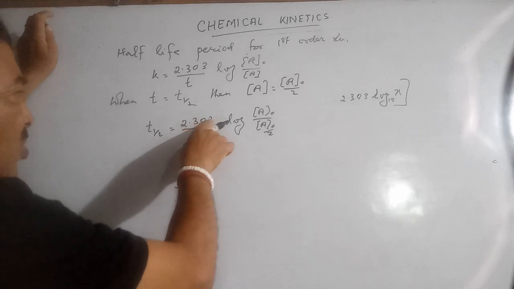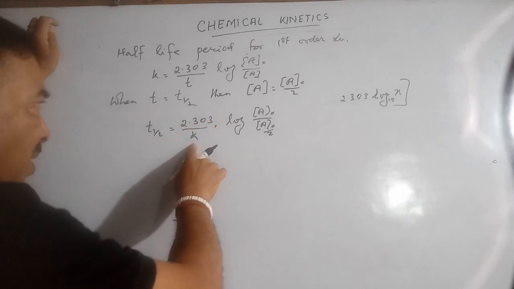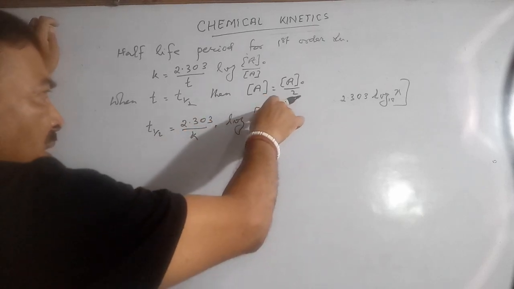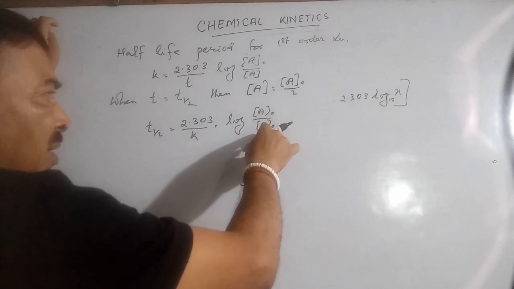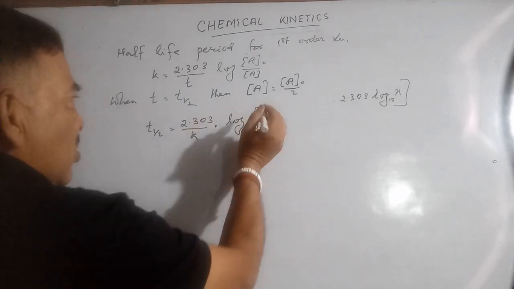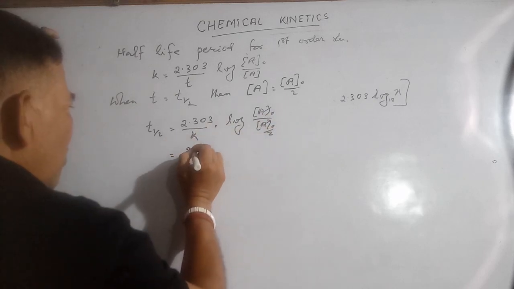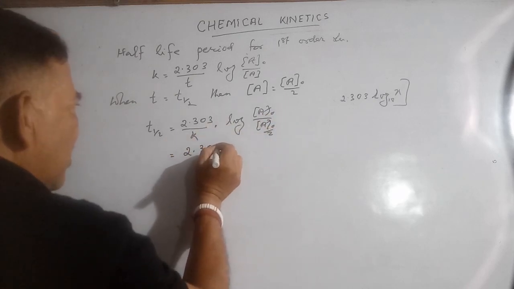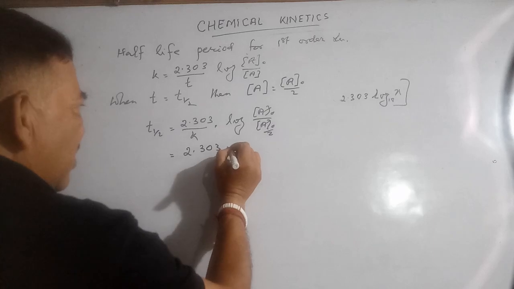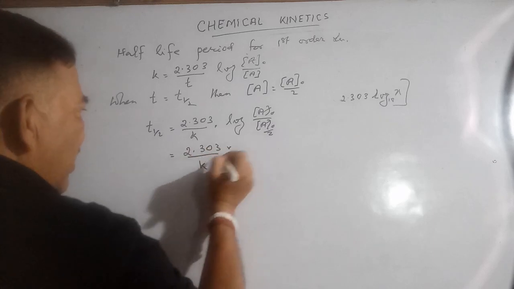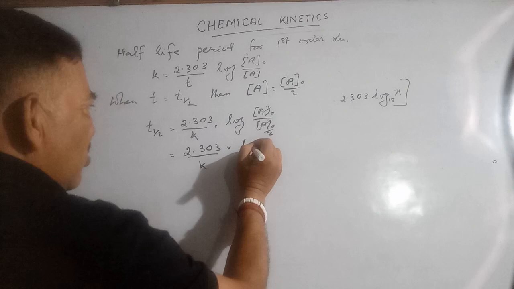So t half is equal to 2.303 by k into log [A]0 by [A]0 by 2. So this gets cancelled. So it will be 2.303 by k into log 2.